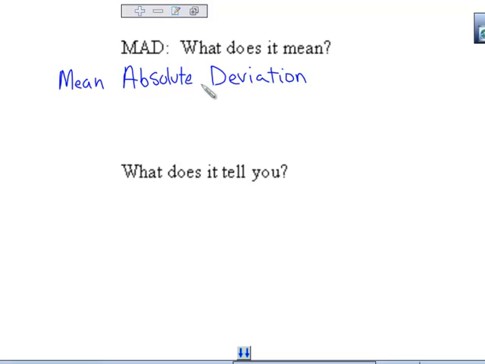And this is a measurement that is important in statistics because what it does is it tells you how consistent is your data. And data is just the numbers. So how consistent is your data?